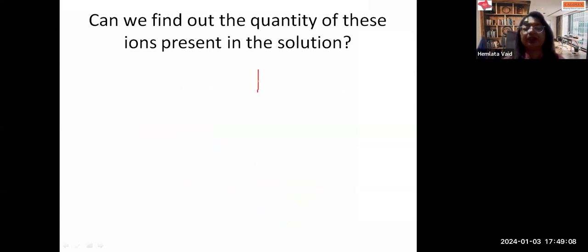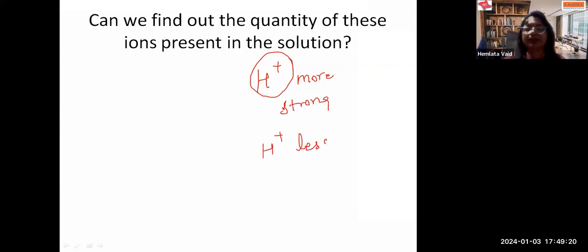Remember, it depends on the number of H+ ions. If the number of H+ ions is more, it is a strong acid. If H+ ions are less, it is a weak acid. But how do we count them? It is not possible to count, right?